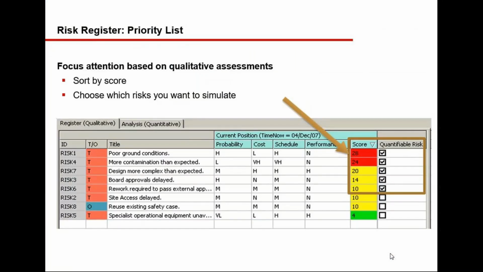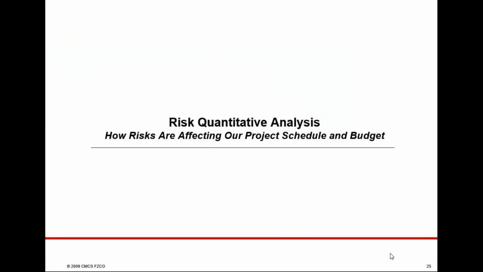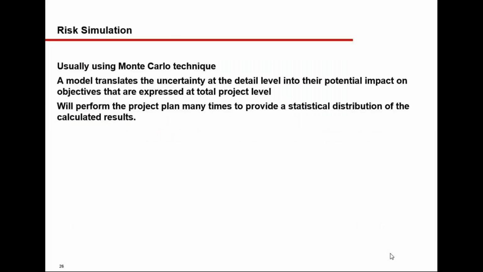Before that, we need to prioritize. As I said, the top 10 risks are normally taken for consideration into the quantitative risk analysis. We identify the top 10 risks and then put them for quantitative risk analysis.